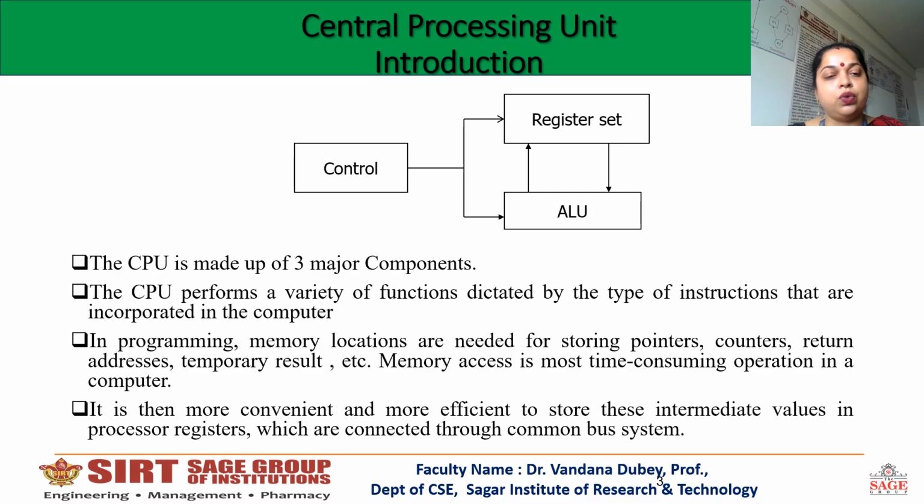Talking about the role of memory in CPU operation, memory plays a critical role in the operation of the CPU. In programming, memory locations are needed for storing pointers, counters, return addresses, temporary results, and other essential data. Since accessing memory is time consuming, the CPU relies on registers to store intermediate values. Registers allow for faster data retrieval as they are directly connected to the processor via the common bus system.